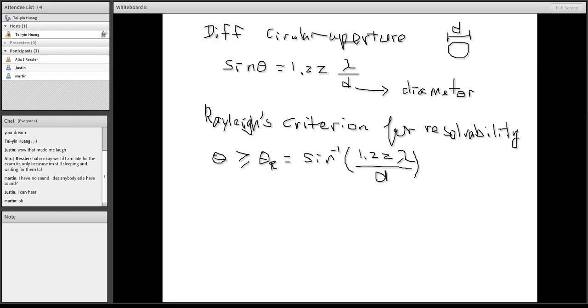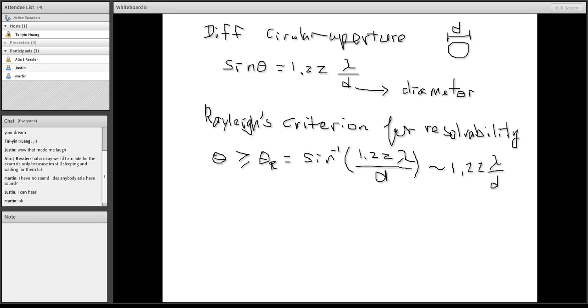So it really depends on how good your lens is. Then you can use this equation to determine whether your lens is good enough to resolve the two distant objects, because each object is going to produce a diffraction pattern. Usually you use this for very distant objects, so the angle will be very small, and this can be approximated by 1.22 lambda over the diameter of the circular aperture.